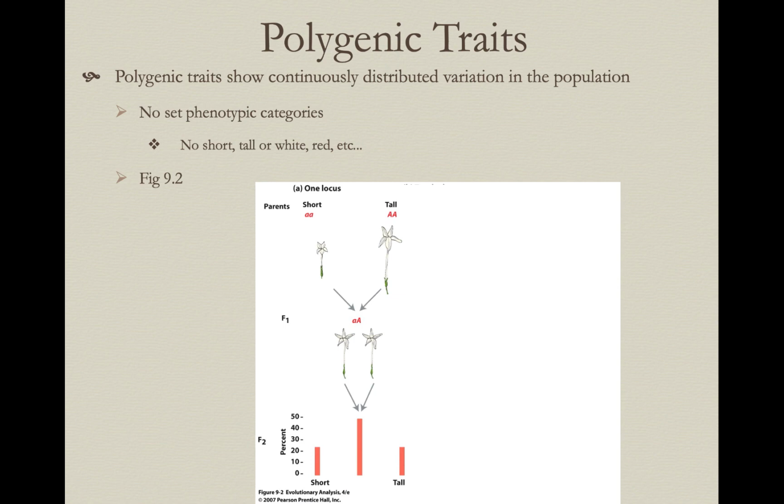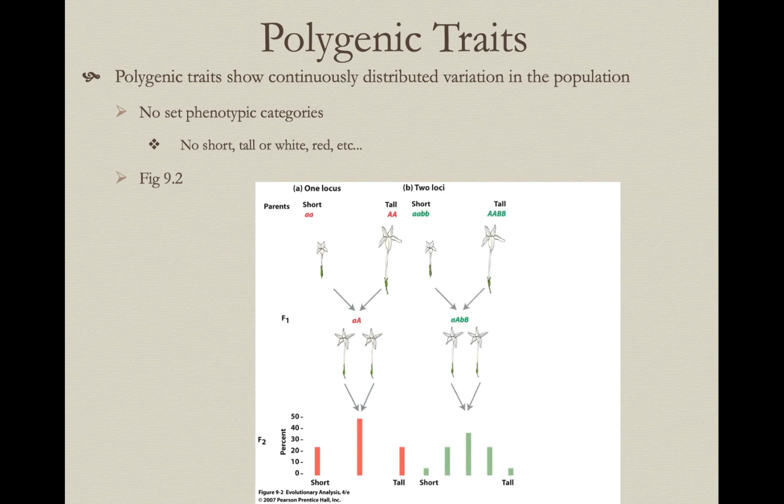So it looks like they're pretty set categories here, but the homozygotes in both cases, when you breed them, mate them, and you produce heterozygotes, you see that you get a third category. You get this intermediate, and then the heterozygotes, when you crossbreed those, you end up sorting them into the three basic categories because of incomplete dominance. So we do have just three categories here, but we're just talking about a one locus trait.